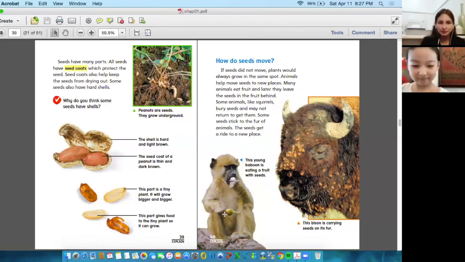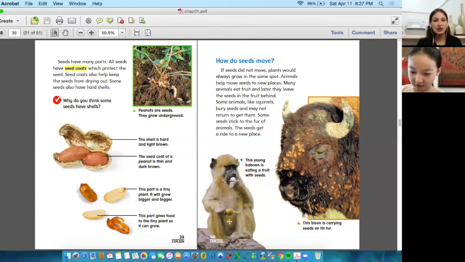All right. So let's read about this baboon. Baboon. Okay. All right. This young baboon is eating a fruit with seeds. Okay, so that baboon is eating, right?